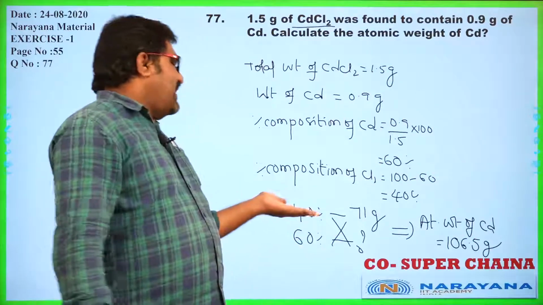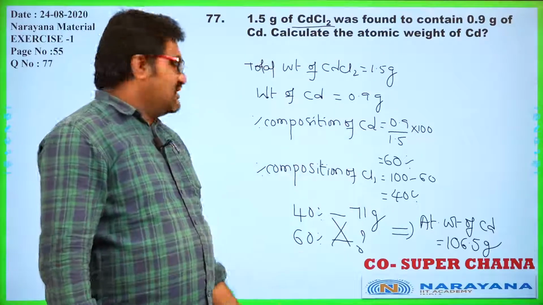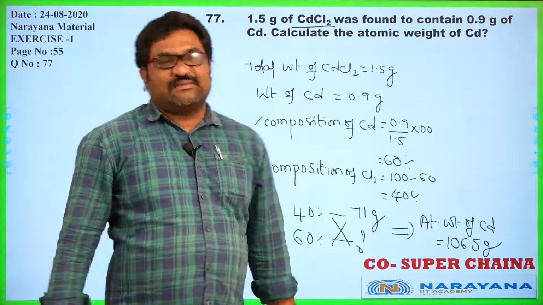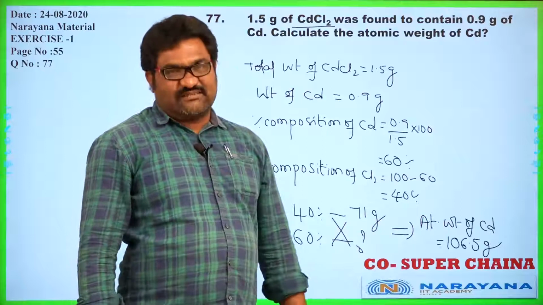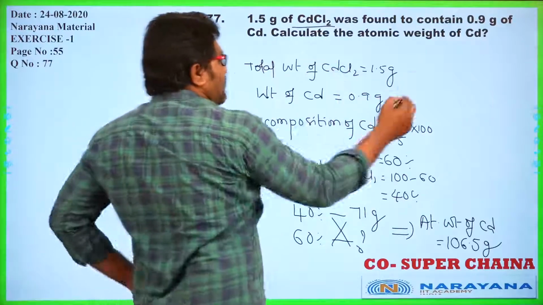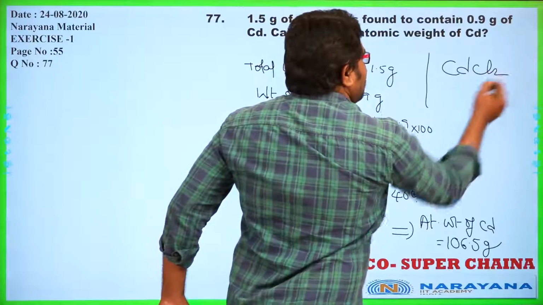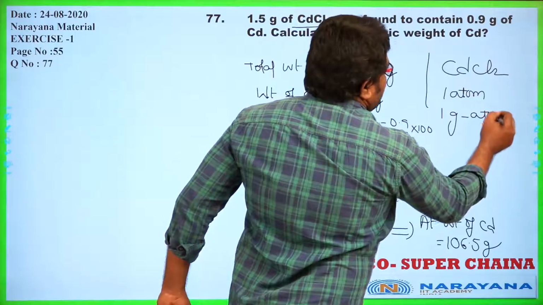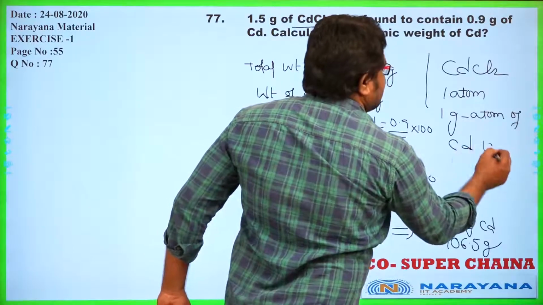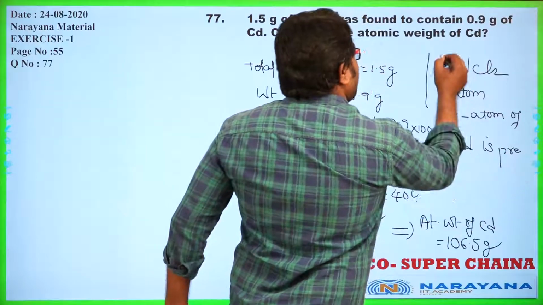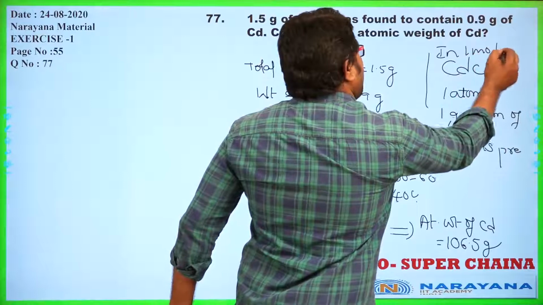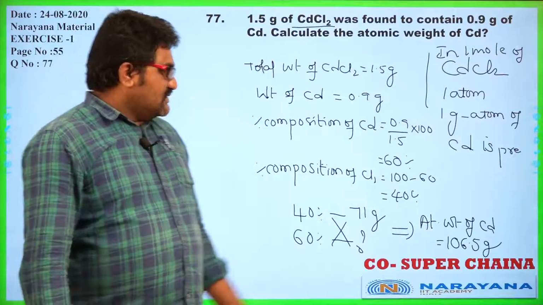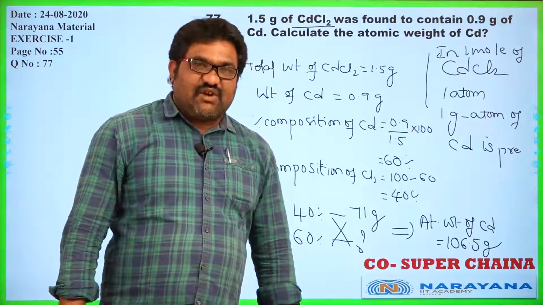If the weight of 40% in one molecule is 71 grams, and you consider 1 mole of CdCl2, then I can calculate the weight of 60% like this. 106.5 is the atomic weight, because in one molecule of CdCl2, only 1 atom or 1 gram atom of cadmium is present in 1 mole of cadmium chloride. Is it clear? So that is the atomic weight of cadmium, 106.5 grams.